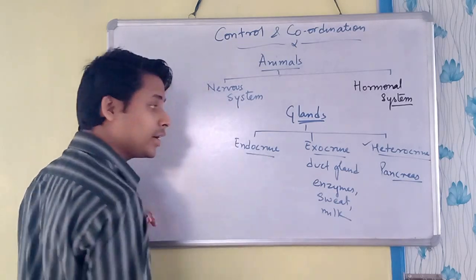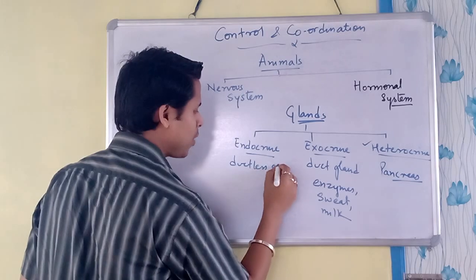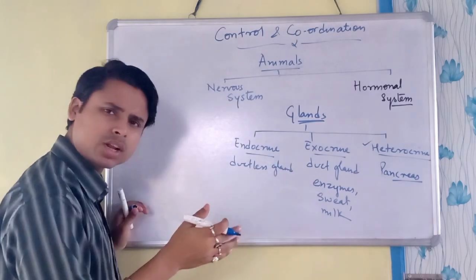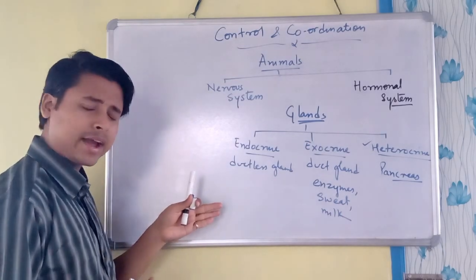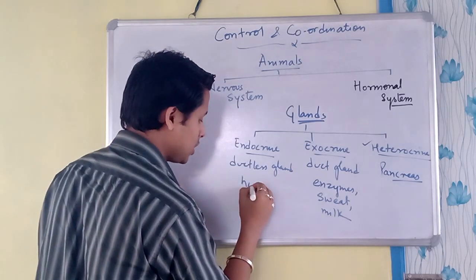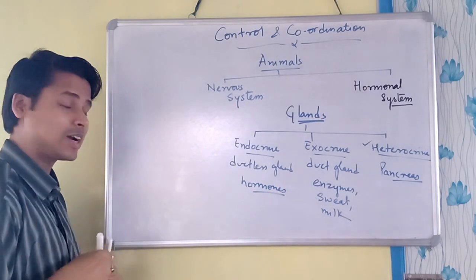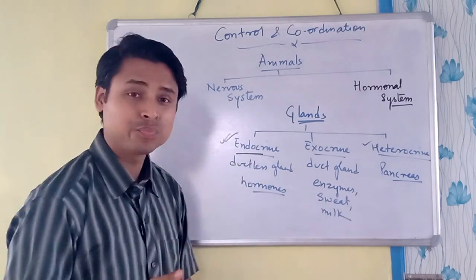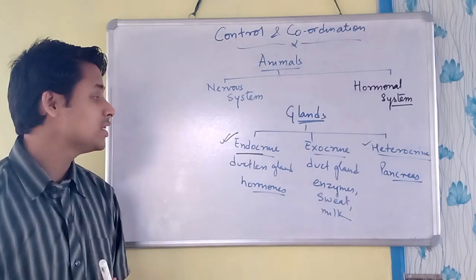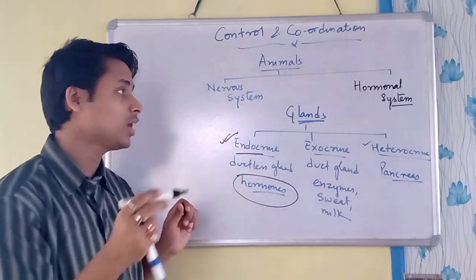Now, an endocrine gland is a ductless gland, meaning it doesn't have any pipe to transfer its secretion, and this endocrine gland only releases hormones. So we have to look at the endocrine glands, which come into action and release the hormone.